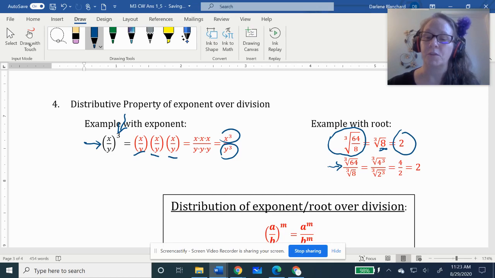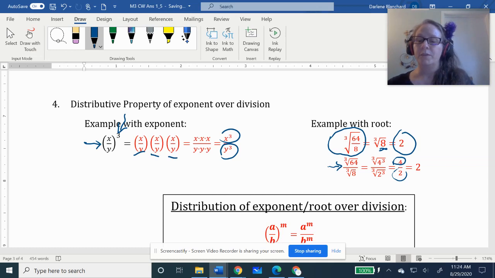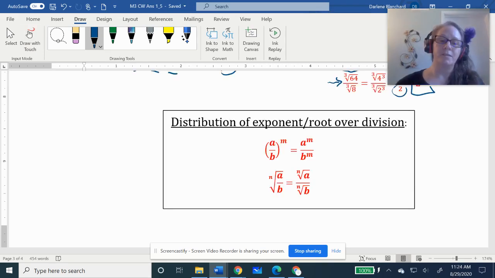The cube root of 64 ends up being 4. The cube root of 8 ends up being 2. So I do the individual cube roots, and then I do the division, and I end up in the same place. This is the distributive property of either an exponent or a root over division.